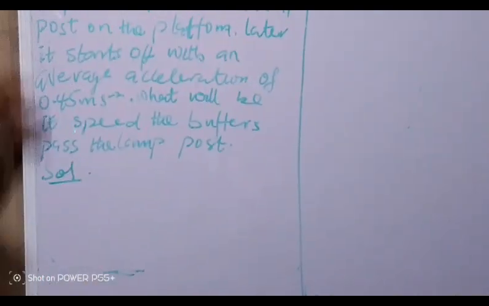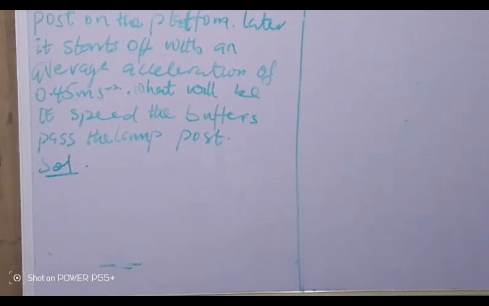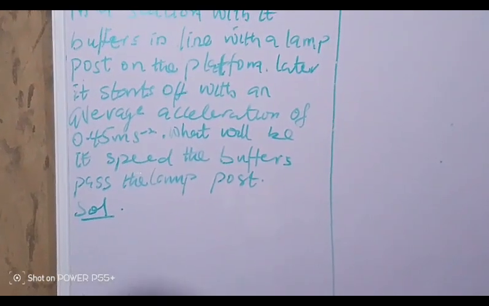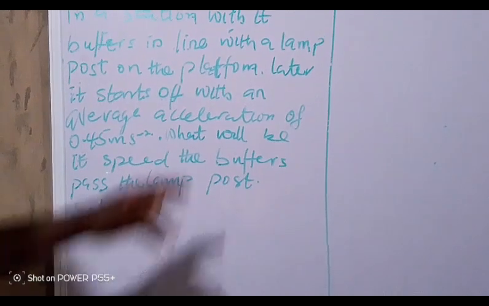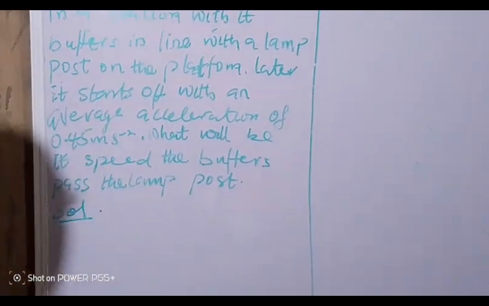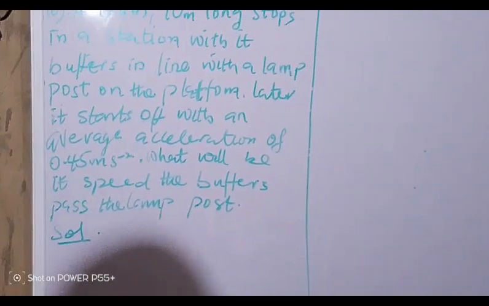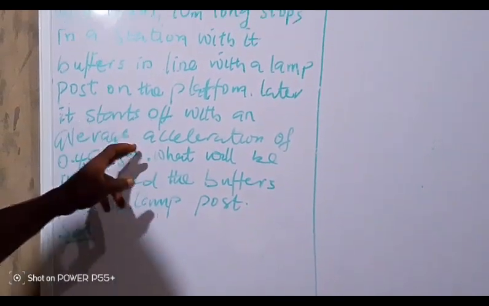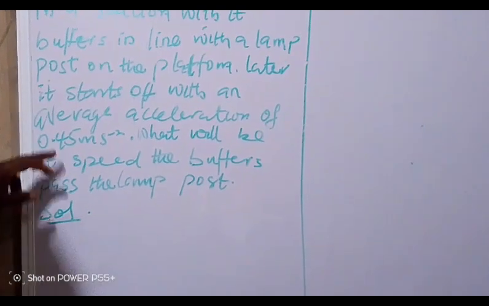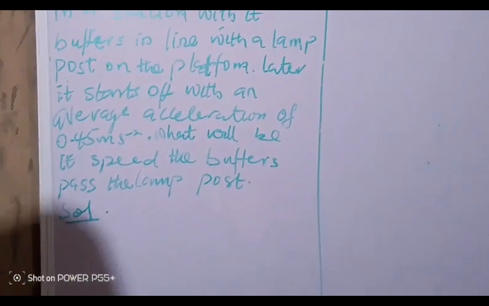Take this one as another example. A train 90 meters long stopped in a station with its mover in line with a lamp post on the platform. Later, it starts off with an average acceleration of 0.45 meters per second square.